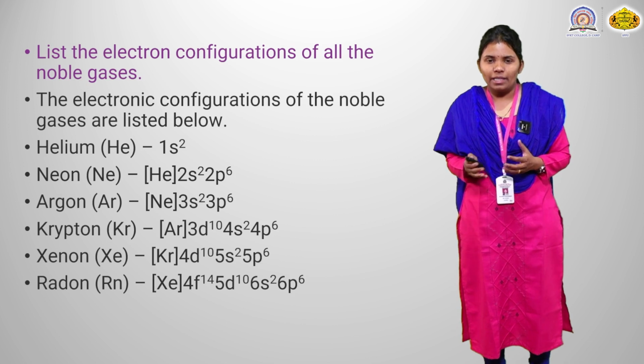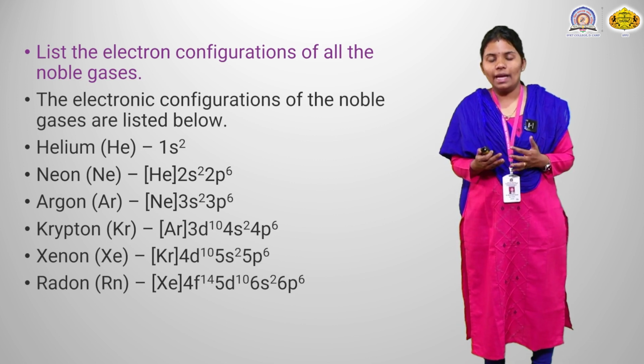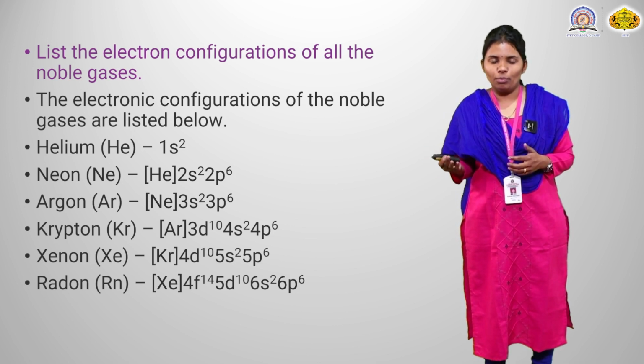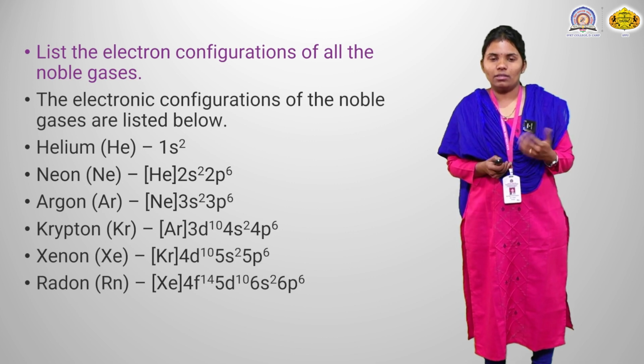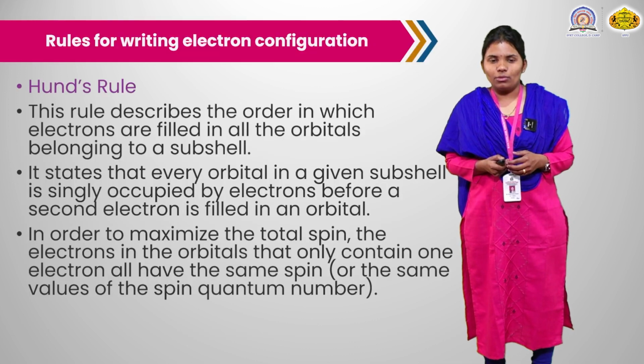These are some electronic configurations of the noble gases: helium 1s2, neon, which has a completely filled octet, 2s2 and 2p6. These are some electronic configurations, or exercises you can say. So this is all about today.